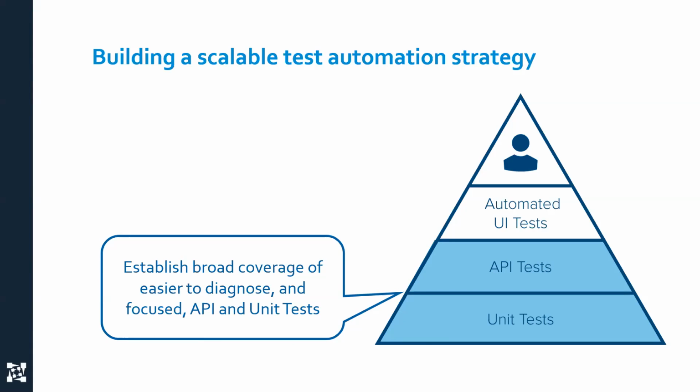Unit tests should be small, isolated, and execute quickly. API tests give us a great way of starting to validate integration of my systems and to validate business logic and business flow across underlying units.